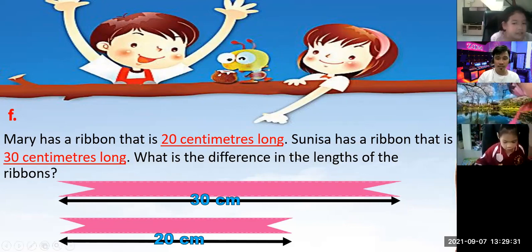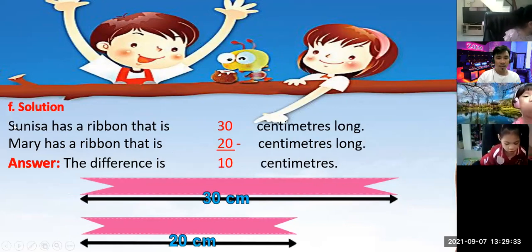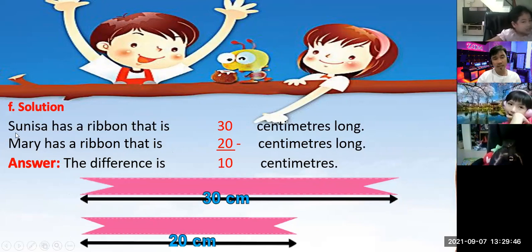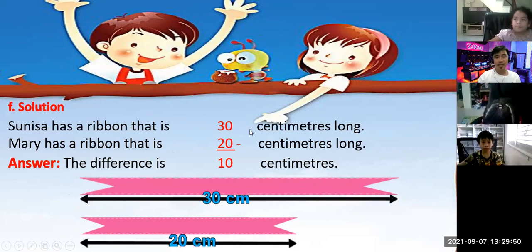Okay, how to do it? First, we need to write the ribbon that Sunisa has. We cannot write the number 20 here because we need to put the bigger number first. So Sunisa has a ribbon that is 30 centimeters long. Next line, Mary has a ribbon that is 20 centimeters long.